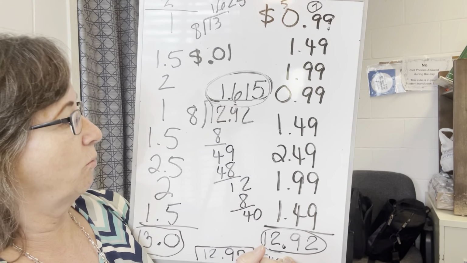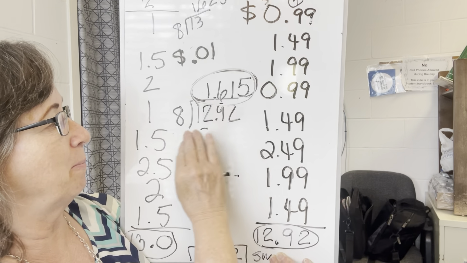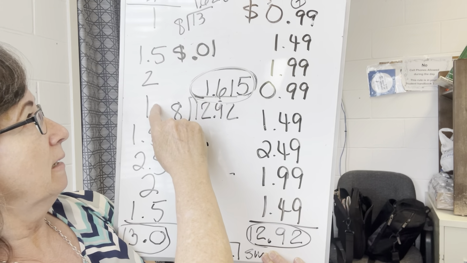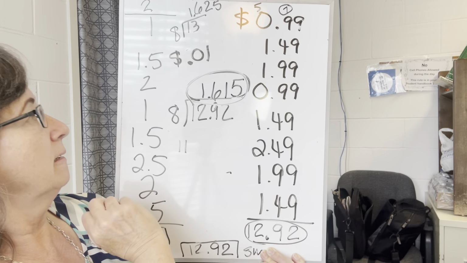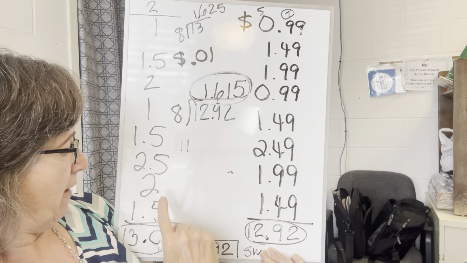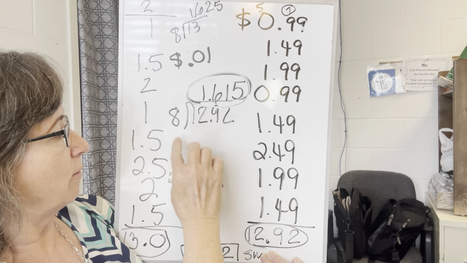Okay, so let's just look at this. I'm going to erase this right here because we don't need all that math now. So we have a 1 and a 1. So we have 1, 1, and then we have a 1.5 and a 1.5 and a 1.5. So we have 3 of those. So let's just do this.